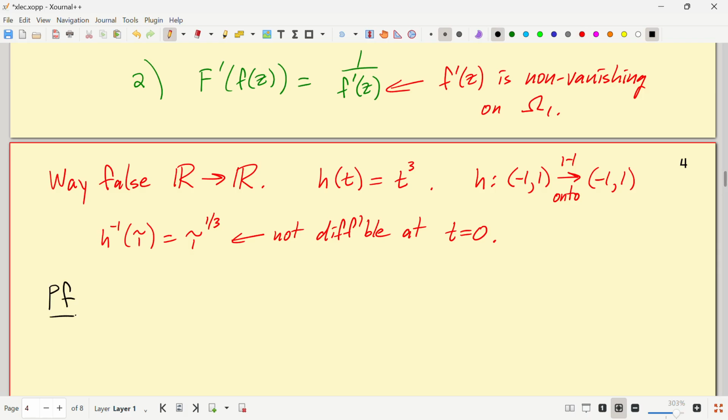Let's see, f is not constant. So f prime is not identically 0. Not constant, so f prime is not identically 0. So the zeros are isolated.